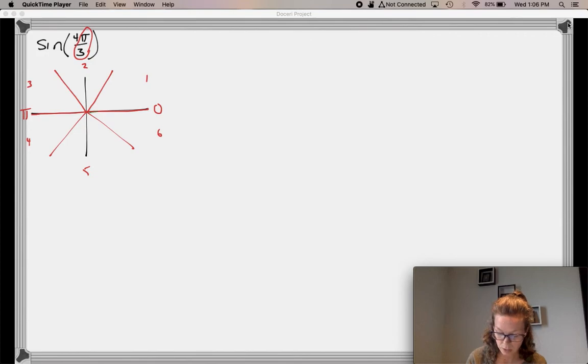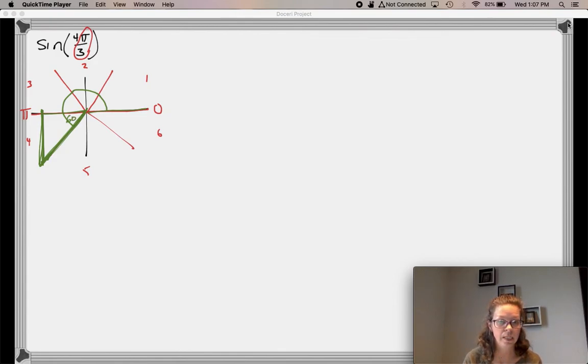So I'm going to start at my 0 line and I'm going to count 1, 2, 3, 4th piece. So I found my angle here, and I'm going to connect that to my x-axis every single time. Now I want to think about how big are these angles. Well, if I cut a pi, or 180, into 3 pieces, 180 divided by 3 is 60.